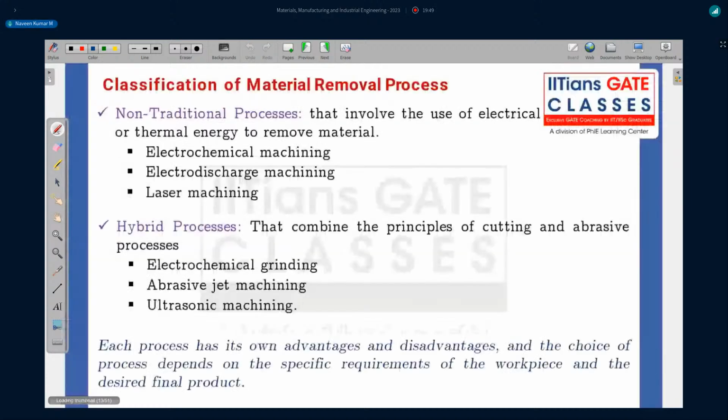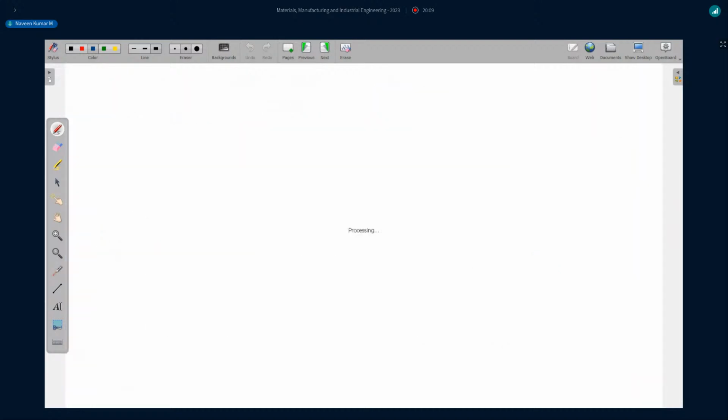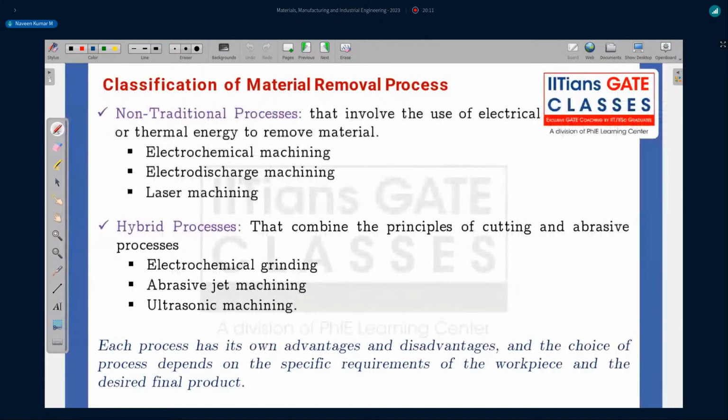Now, another classification is non-traditional. In the previous ones, we have seen the classification of traditional machining. I clearly said that in traditional or conventional machining, the workpiece material should be softer than the tool, or I can say the tool should be harder than the workpiece material, right? And in the non-traditional process, there is no need for the tool material to be harder than the workpiece.